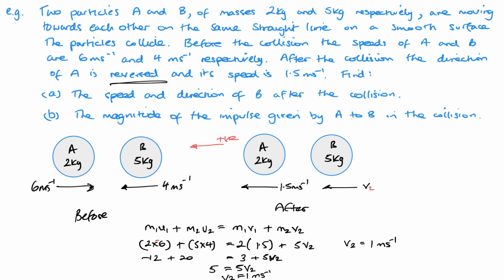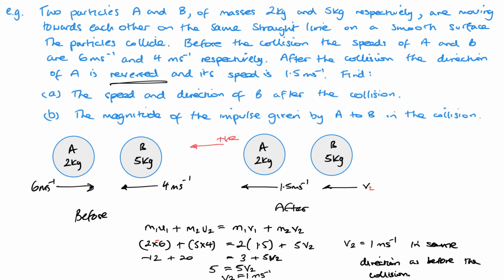Okay, and it is the direction as I've shown on here, but it is also worth making this kind of statement. What I would say is, look, it was already going from right to left, it's still going right to left. So 1 meter per second in the same direction as before the collision.